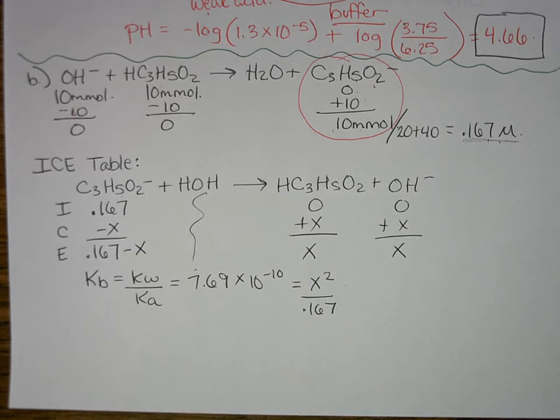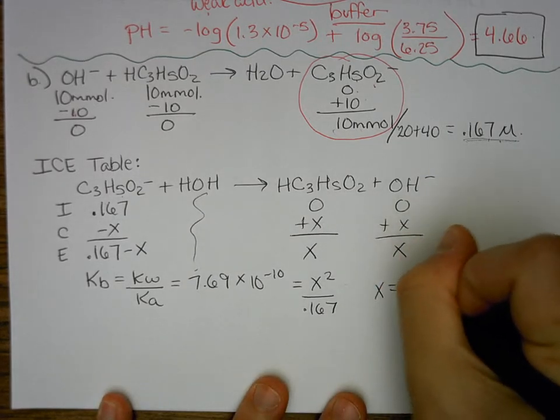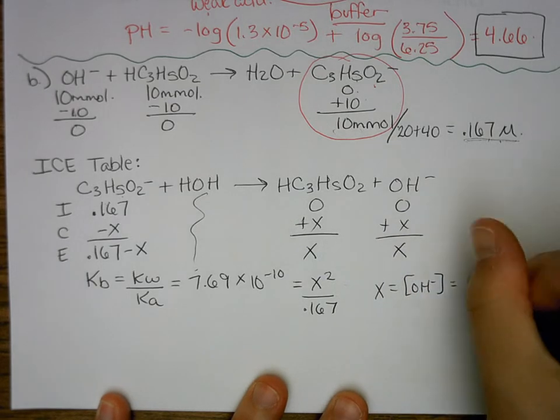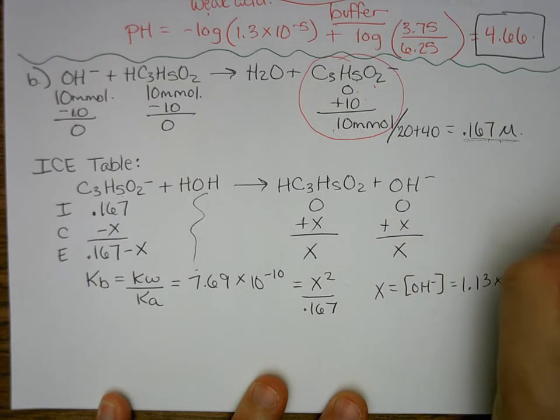All right, you solve for X. It's the concentration of hydroxide ions. You get 1.13 times 10 to the negative 5th.